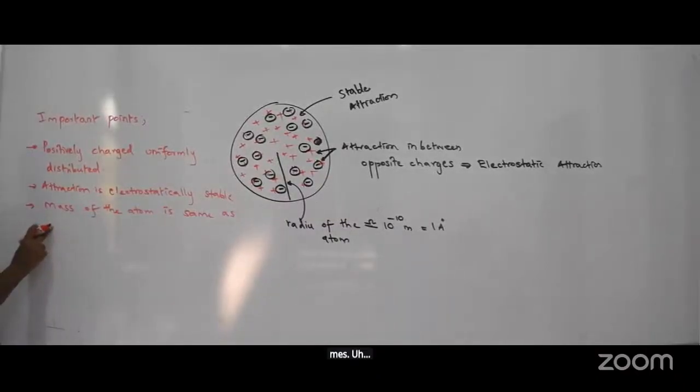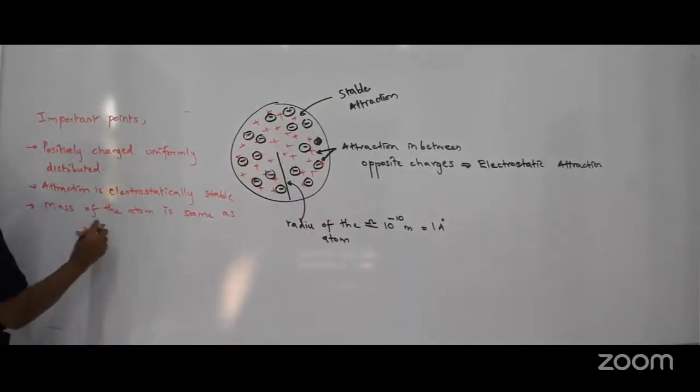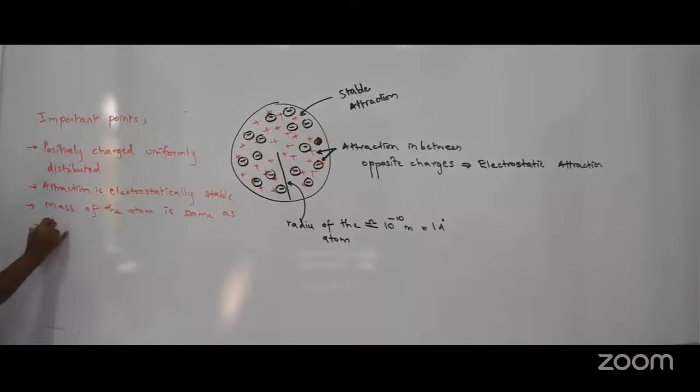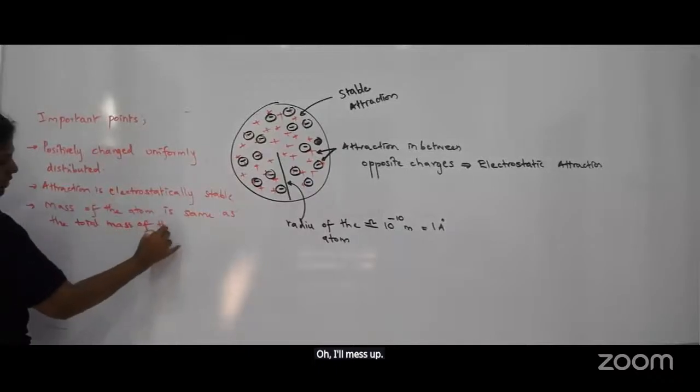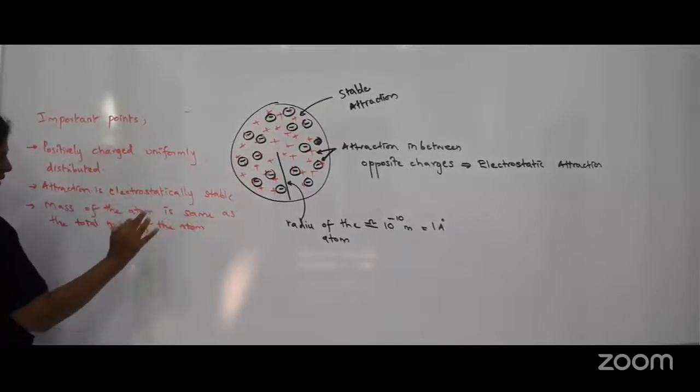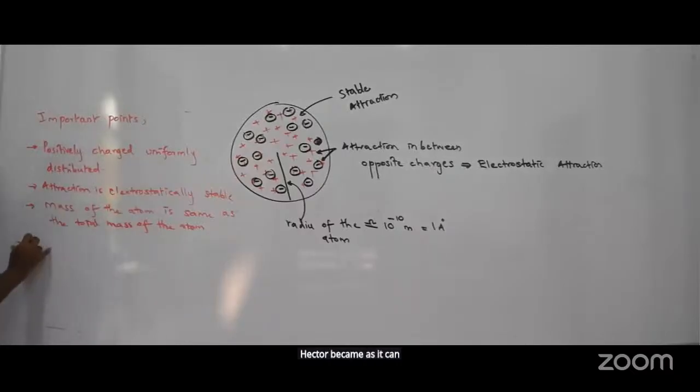Mass of the atom is said to be in a uniformly distributed form. Mass of the atom is the same as the total mass of the atom.